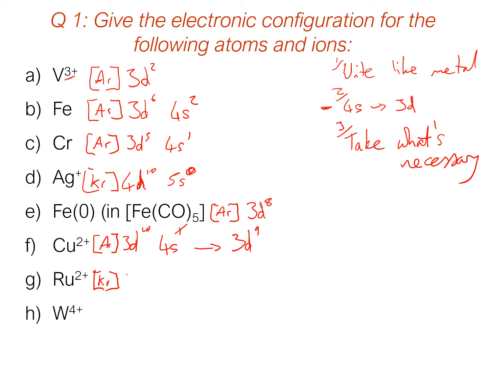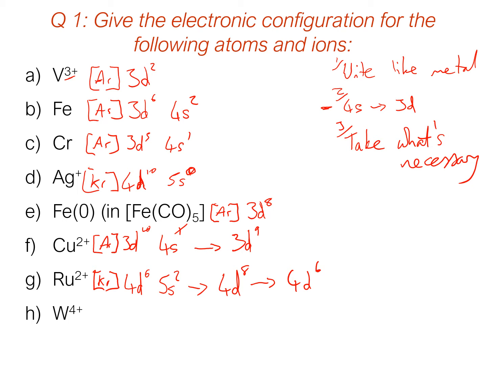So this time it would be in the metal state 4d6 5s2, much like the iron metallic state, but again 4 and 5 rather than 3 and 4 in the metal state. And then this time there is room in the d orbitals, so we put all of the s electrons in the d orbitals. That gives us 4d8, and then take what's necessary to give the right charge. So take 2 electrons out and we get 4d6.